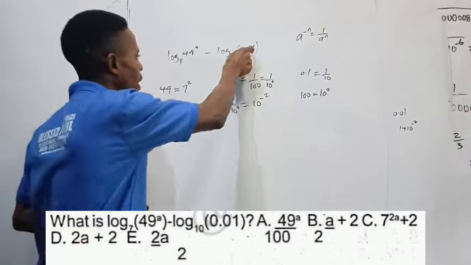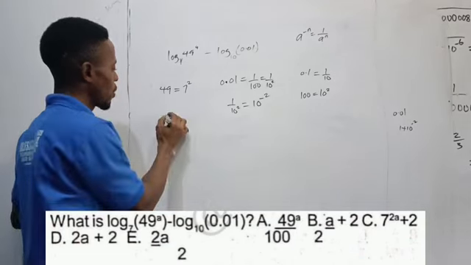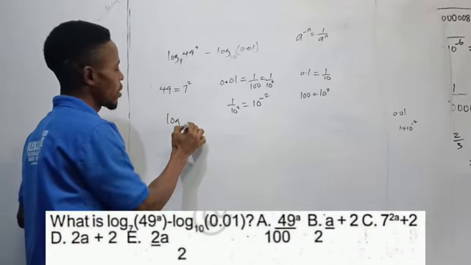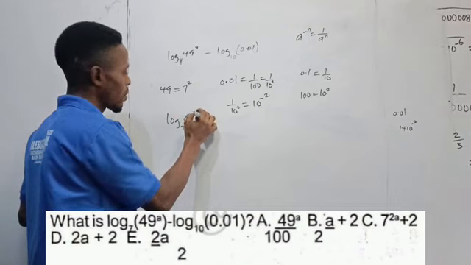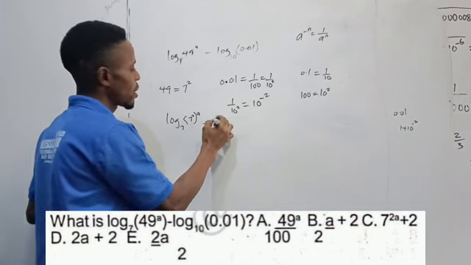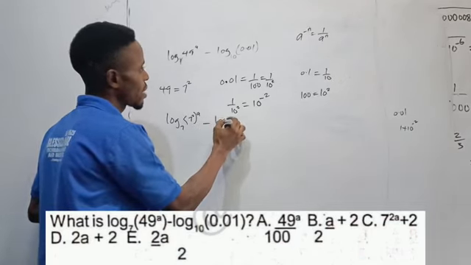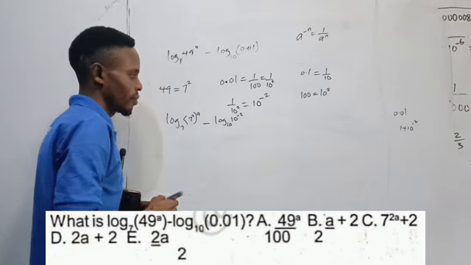So let's put it here, and let's put our 7 raised to the power 2 into this place, and then we solve. That's log of 7, we have open bracket 7 raised to the power 2, close bracket, which is also raised to the power of a, minus log base 10 of 10 raised to the power minus 2.